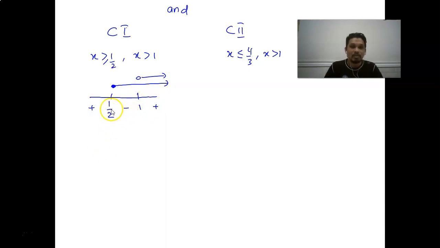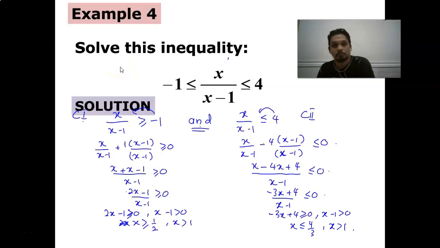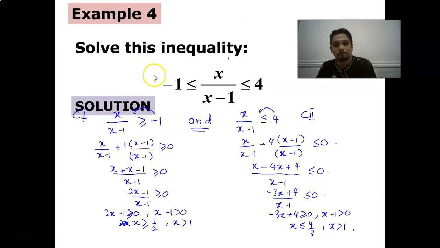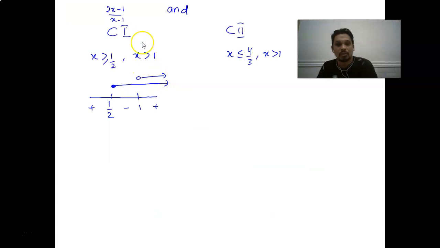So the final solution, okay, 2x minus 1 divided by x minus 1 greater than or equal to 0.